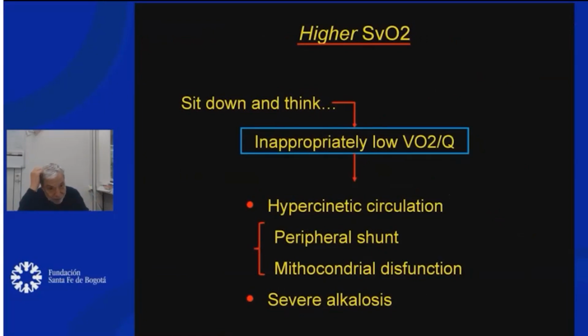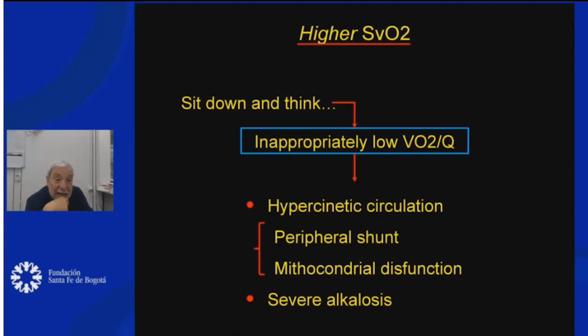So now, I have a patient in sepsis. This patient usually has a central venous catheter. Nobody uses the Swan-Ganz anymore, almost nobody. We still use it. So we can surrogate the mixed venous saturation with the central venous saturation.